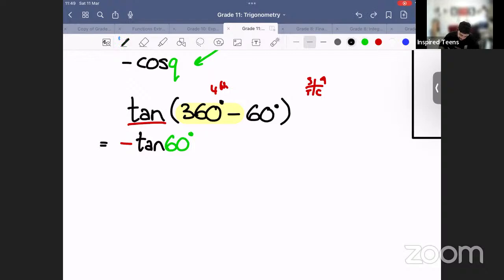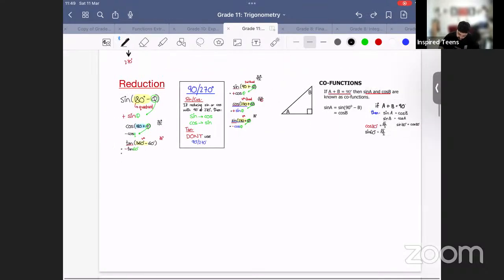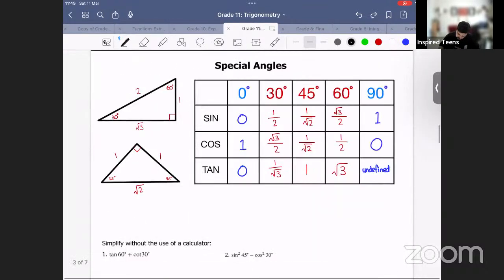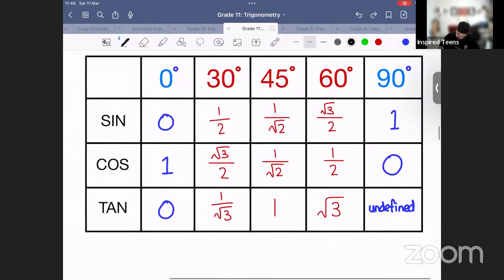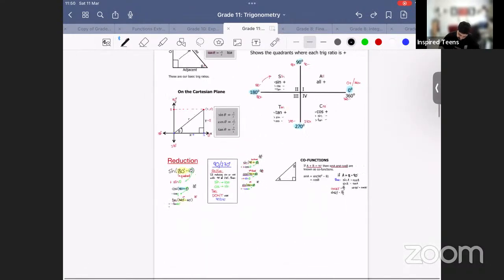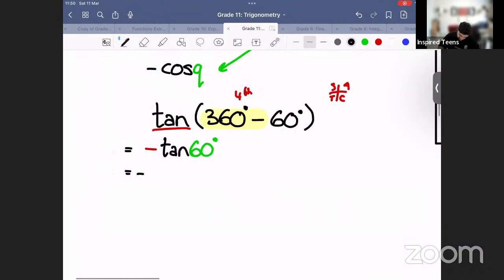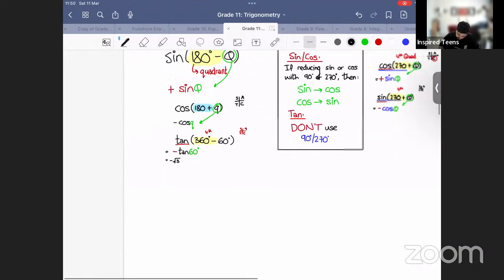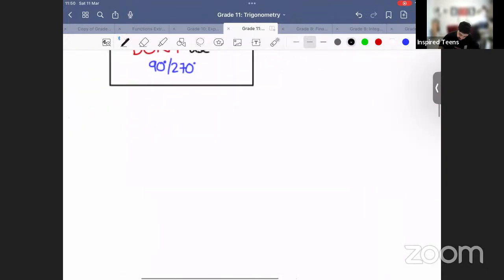So tangent 60, we said was root, I think we said it was 1. No. Tangent is 2 over root 3 or something. 1, yeah, no, it was root 3. So this is negative root 3, if you want to simplify to the final value. Okay, let's move on to negative angles.